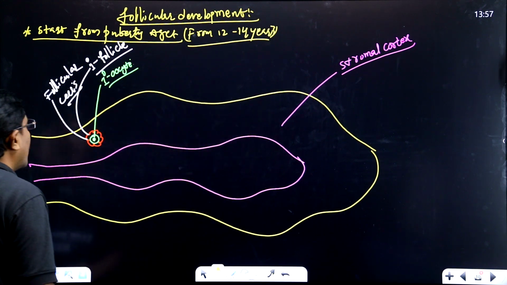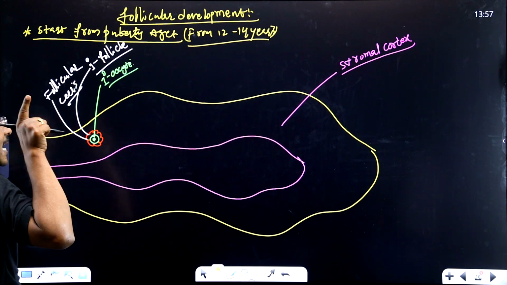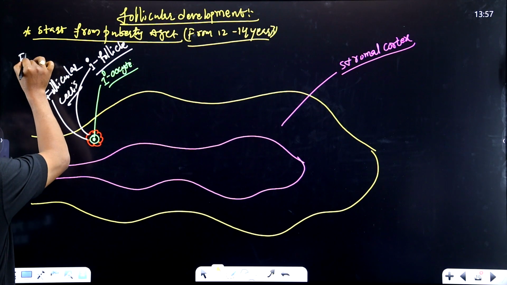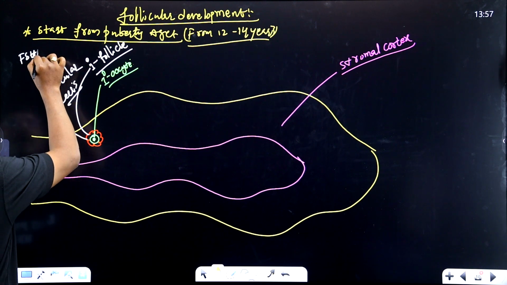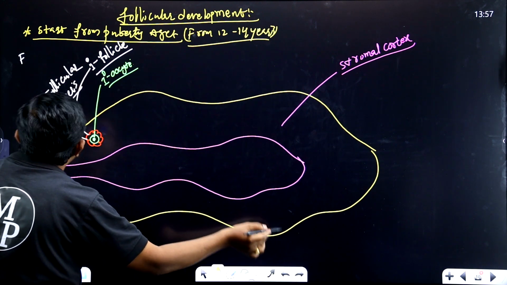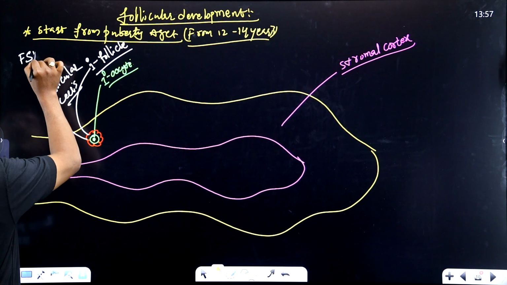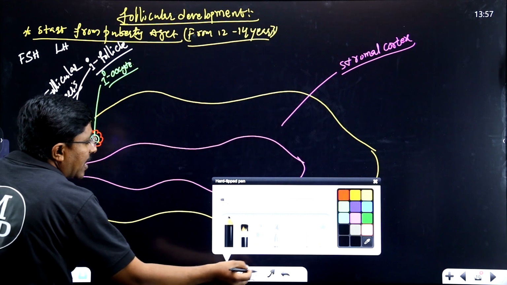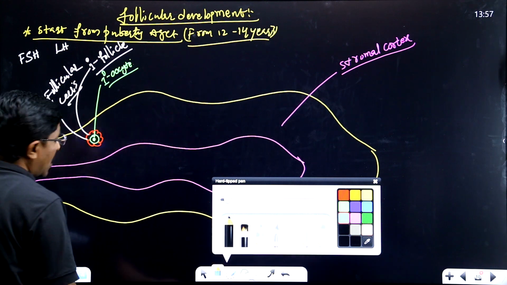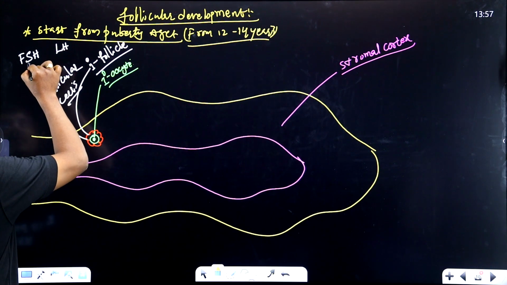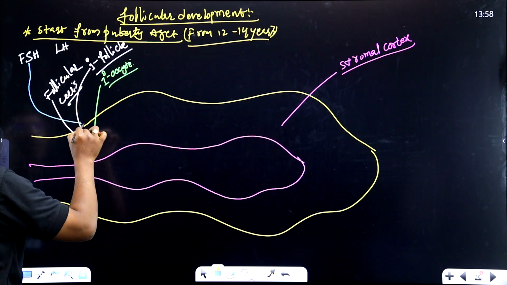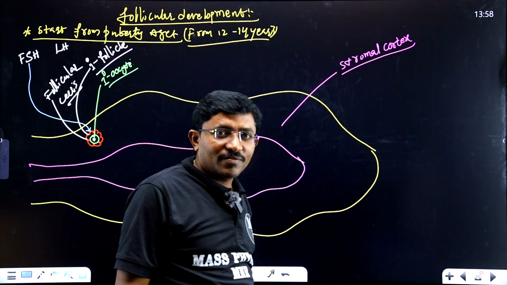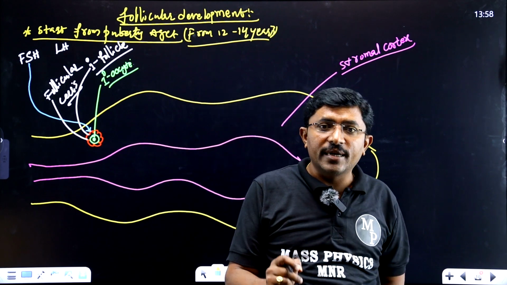See, at the puberty age, what are the two gonadotrophins? One is FSH and the second one is LH. Now the FSH hormone stimulates the primary follicle. It is a very simple and interesting point.